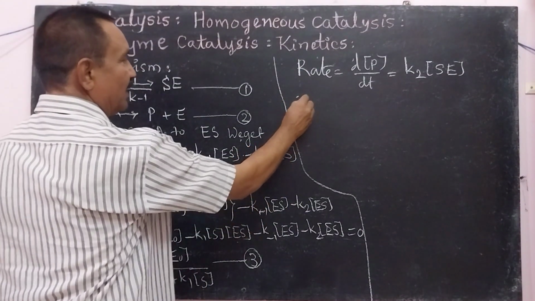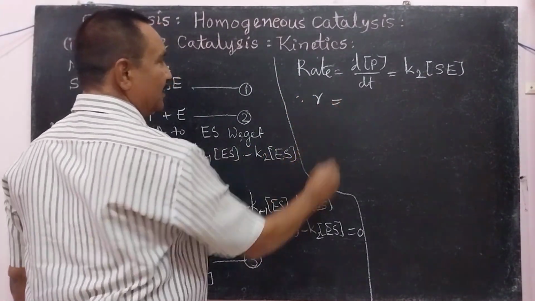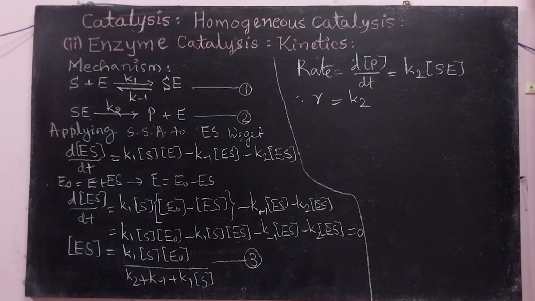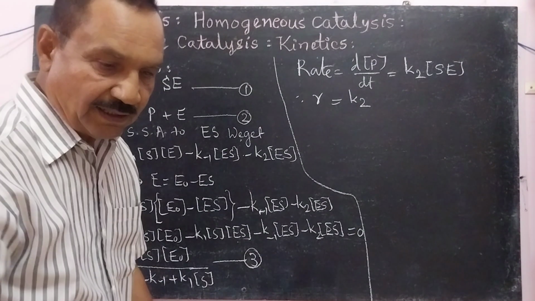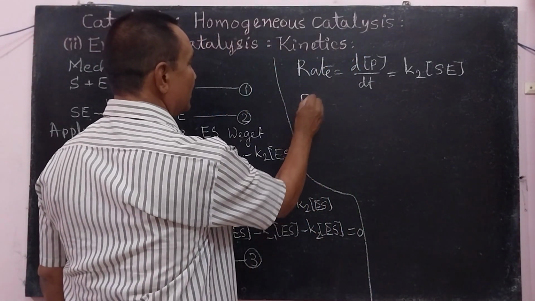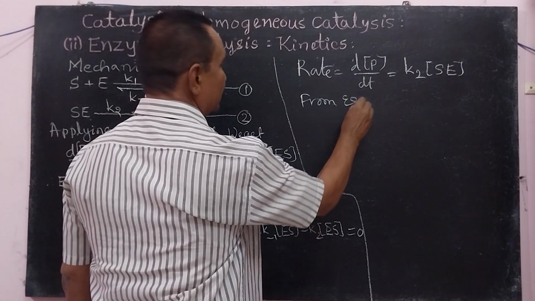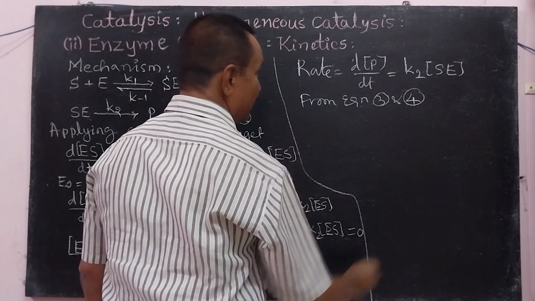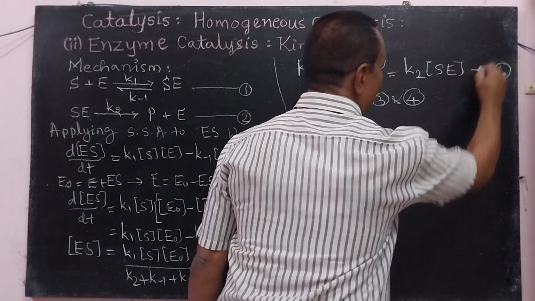Therefore, we may write rate R equal to K2 as it is, and ES you take from equation 3. We may write it as equation 4.